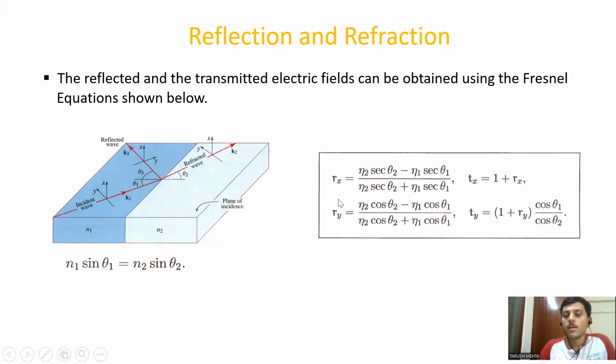And these are something like this. So using these equations, we can find how much part of the electric field is transmitted to the new medium and how much part of the electric field is reflected back. And with this, we can also get an estimate of how much power is transmitted to the second medium and how much power is being reflected back to the first medium.